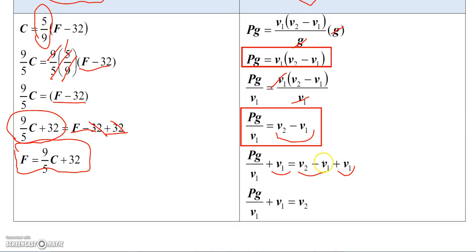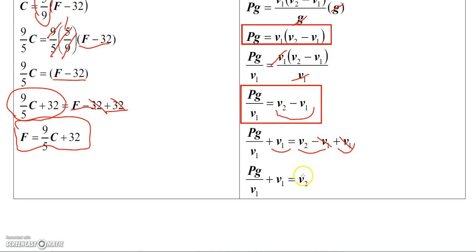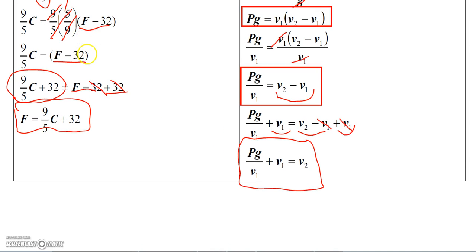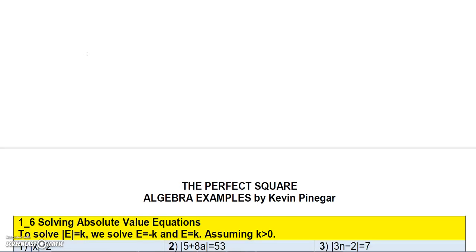By adding V1 to the right, the V1 and the minus V1 cancel, and I get V2 all by itself. This time I wrote the V2 on the right, but if you wanted to, you could turn that around and say V2 equals this stuff over here. I just didn't turn it around this time.